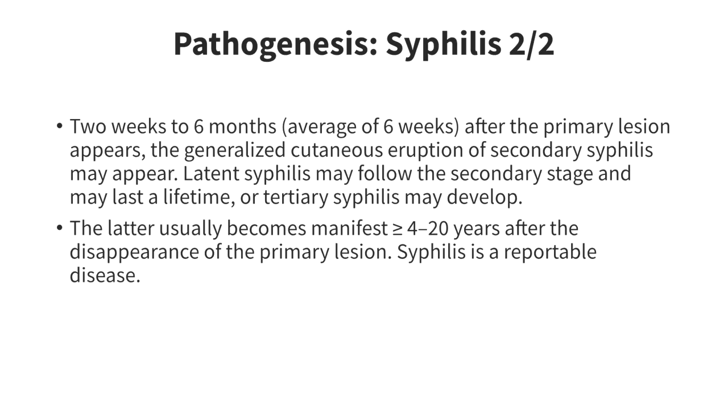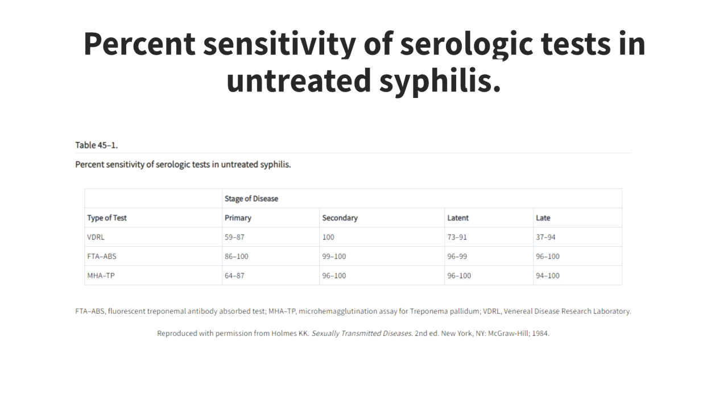After the secondary stage, we have a latent syphilis that can last a lifetime. And then after latent, we can develop a tertiary syphilis if not treated. The late stage usually can have manifestations 4 to 20 years after the disappearance of the primary lesion. Syphilis is a reportable disease also.